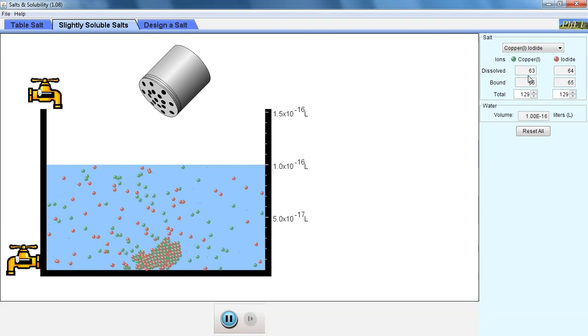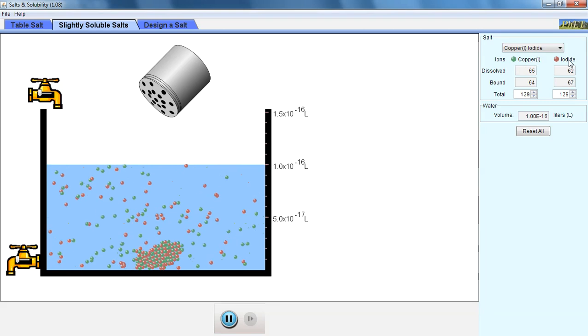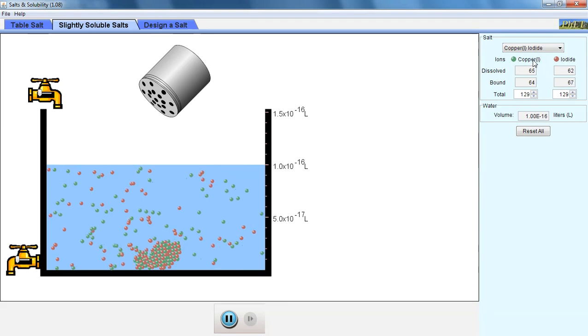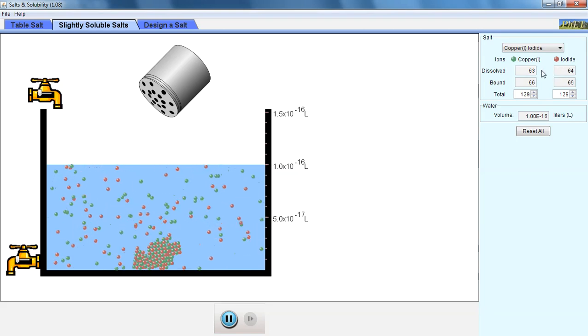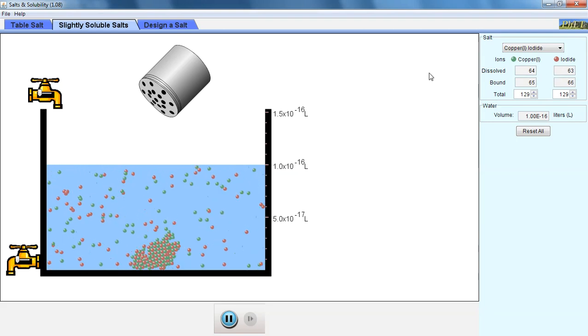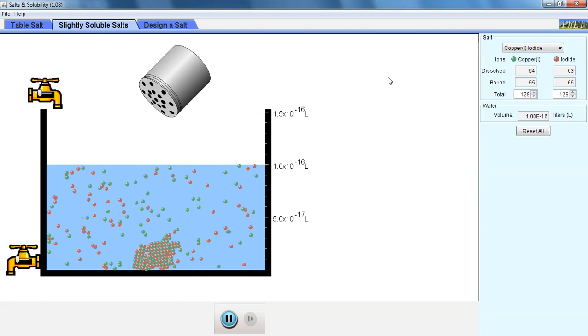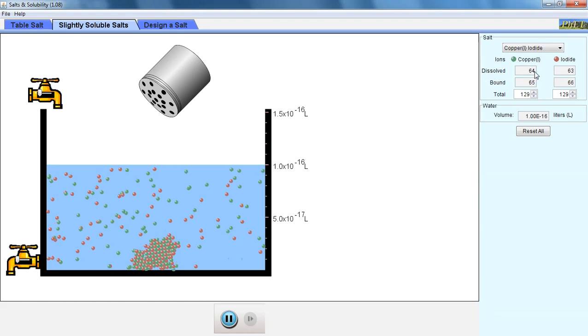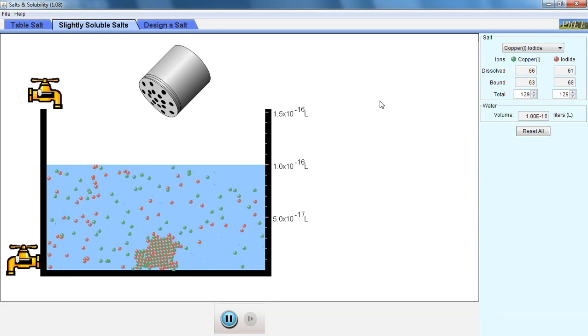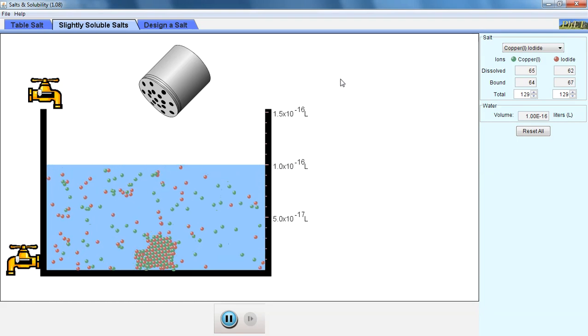I also have a 1:1 ratio because it's copper(I) iodide, so it's one copper(I) ion to one iodide ion. And it's slightly more soluble than the silver bromide. Now, I can only compare the number of ions dissolved for the same type of ion. So I can compare silver bromide with copper iodide because they're both AB salts.